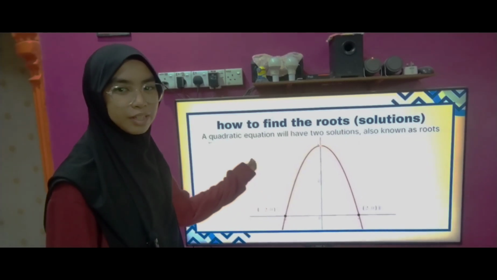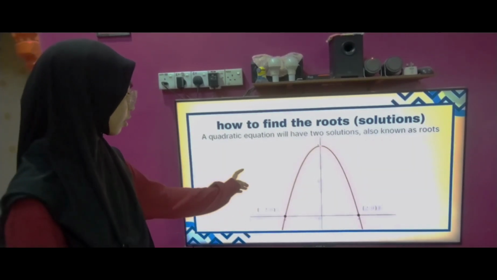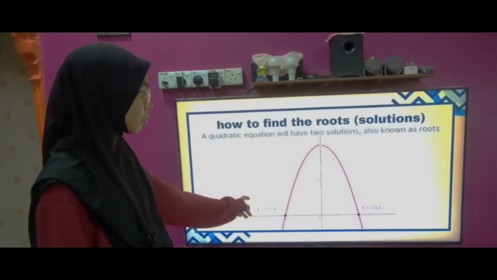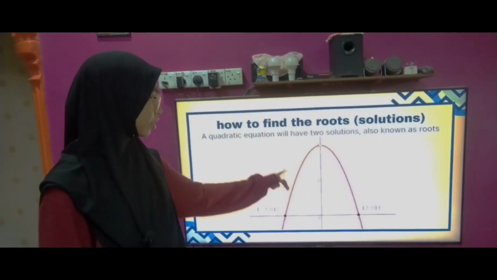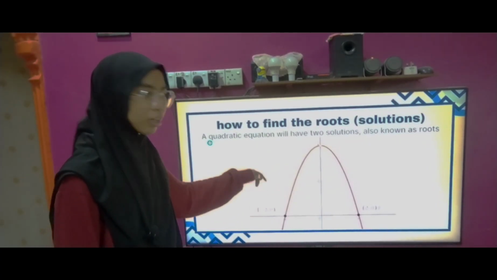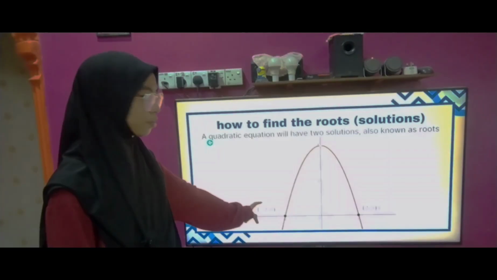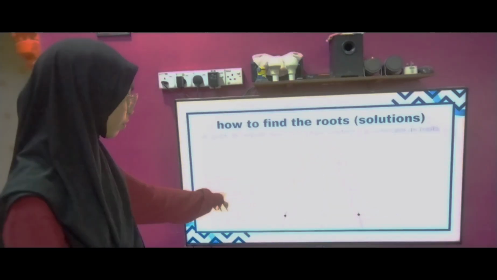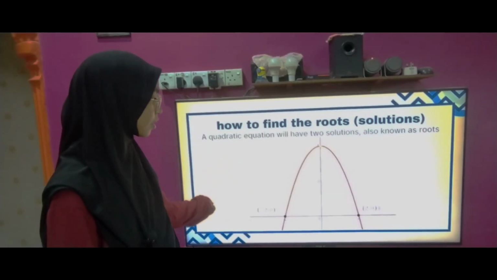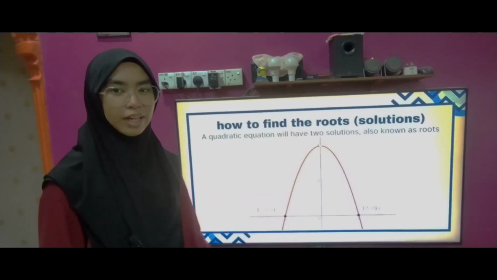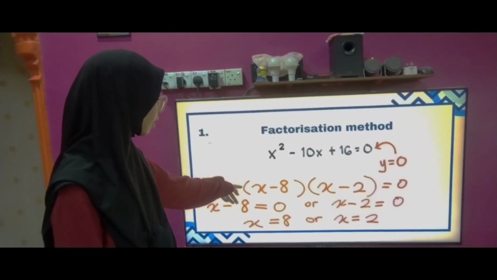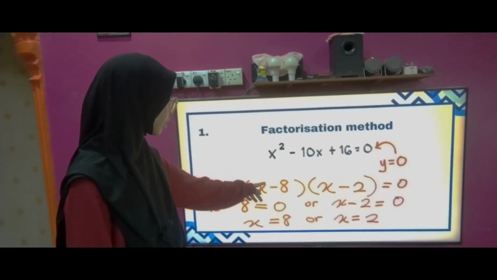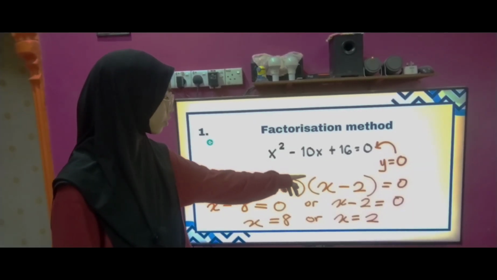Okay, so for the example, as you can see, where the 2 coordinates, or as you can say, roots, are touching the x-axis instead of being above the x-axis, which means your y is 0 because it intersects your x. We'll go back to the previous one. As you can see, I put this x minus 8 and x minus 2.